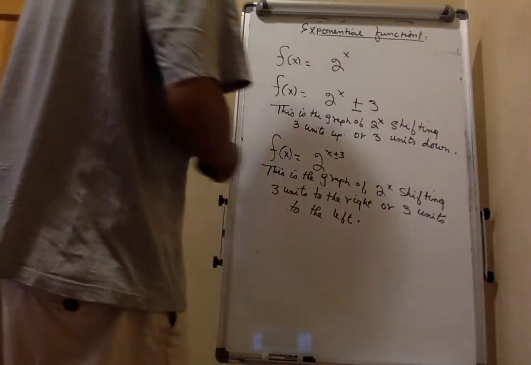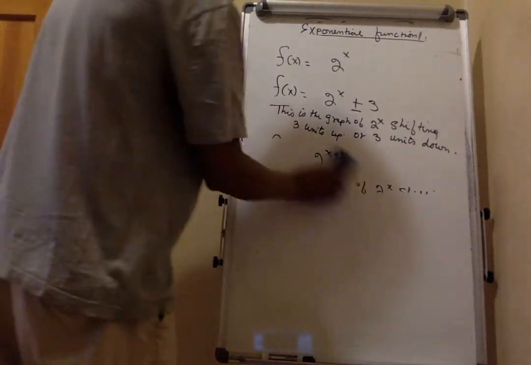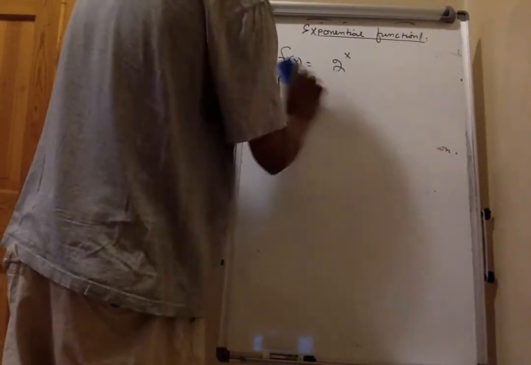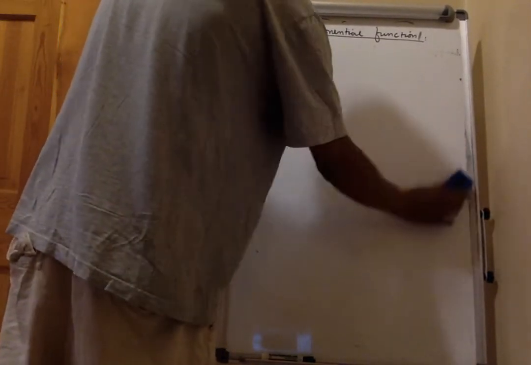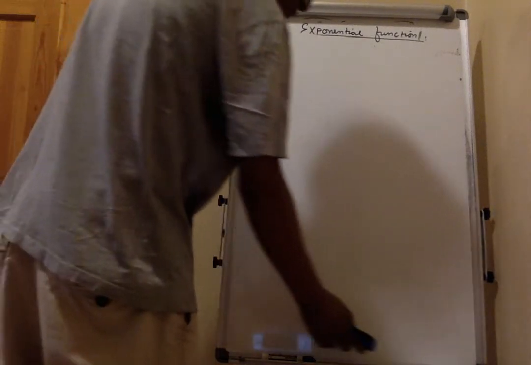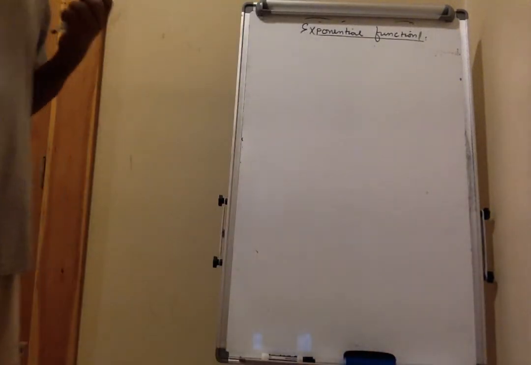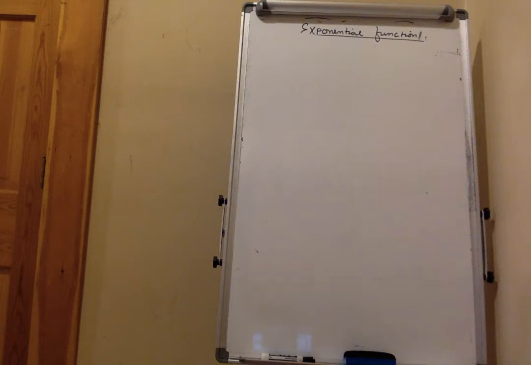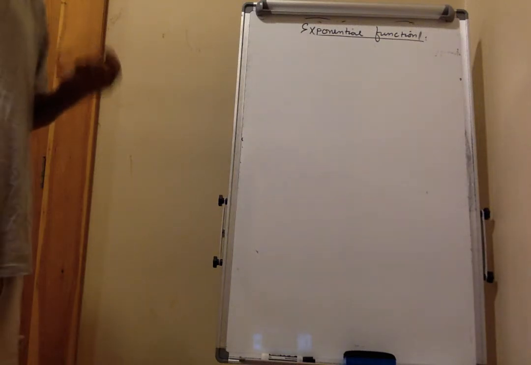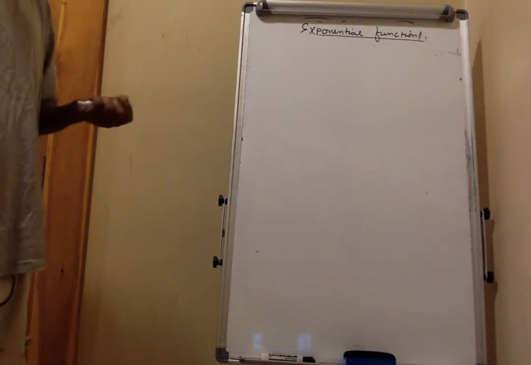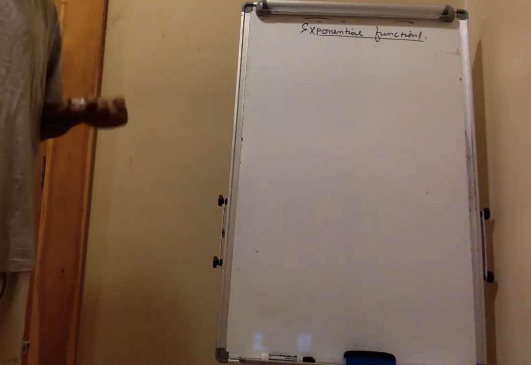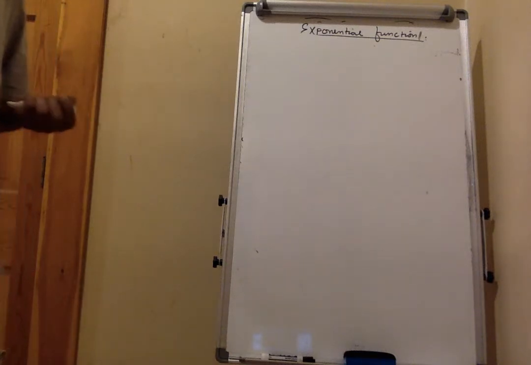So these are preliminary properties that we can use in describing an exponential function. And you remember we talked about a function. An equation becomes a function if it is either 1 to 1, 2 to 1, or 3 to 1, meaning there is only one value of y for each x.